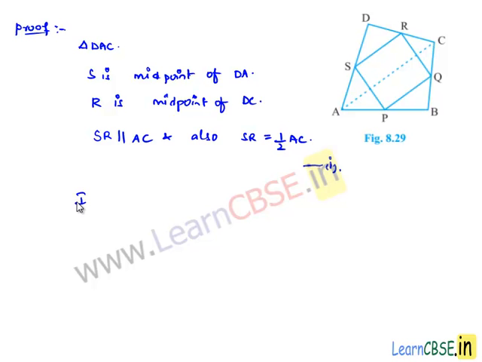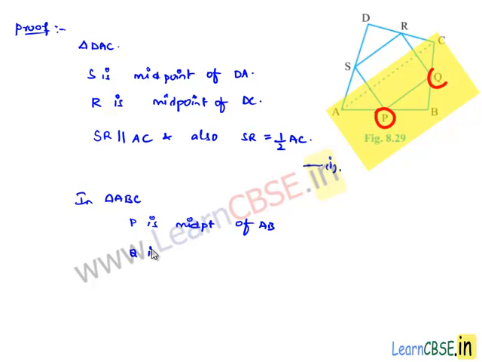Now if we consider in triangle ABC, P is midpoint of AB and Q is midpoint of BC.